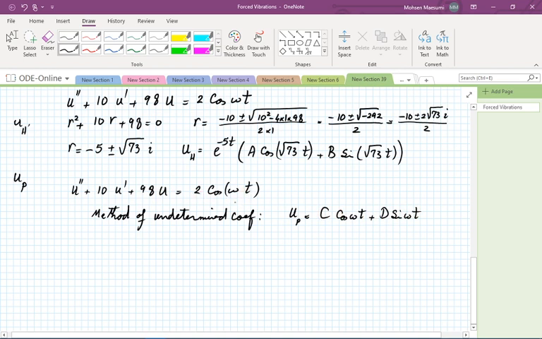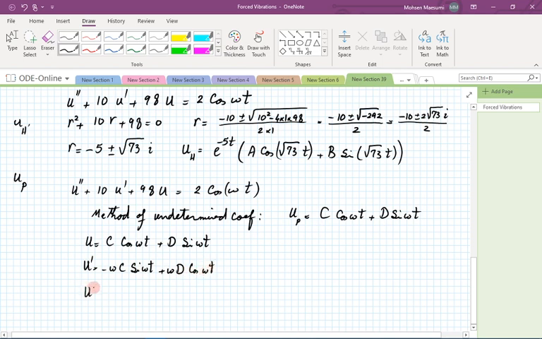So that's going to be one more layer of this problem. So let's start with that. So I have u is equal to c cosine of omega t plus d sine of omega t. I differentiate easily. So minus omega c sine of omega t plus omega d cosine of omega t.